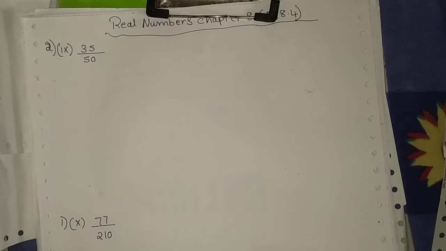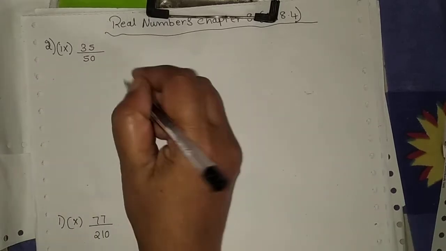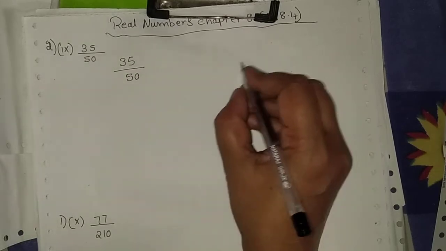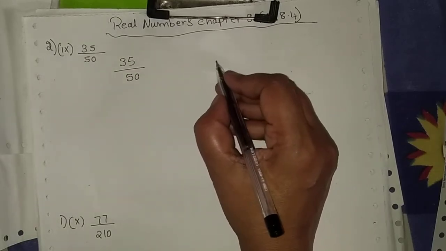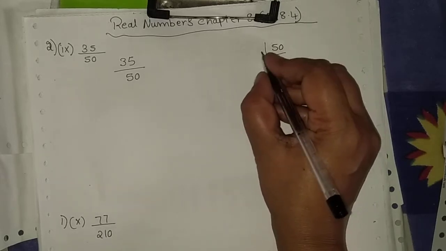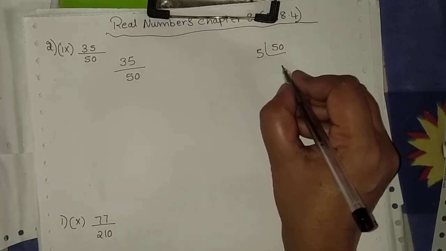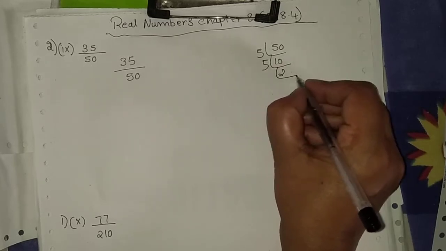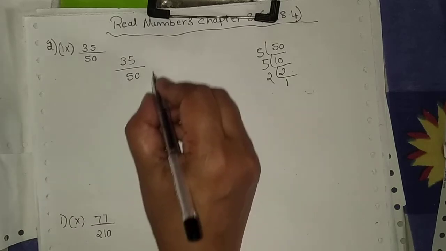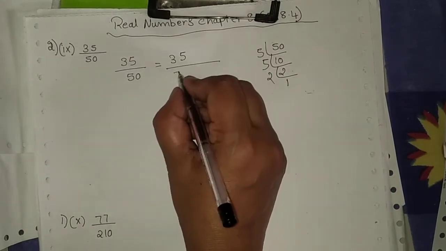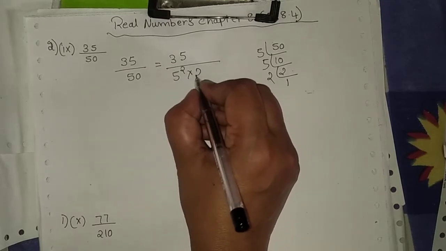Again 35 by 50 can be written as, so take this 35, since this is in the form of TDE, we have to solve the second question. So take this 50, then 5 ones are 5, 5 tens are 50, then 5 ones are 5, 5 twos are 10, then 2 ones are 2. Therefore this can be written as 35 by 5 square into 2.